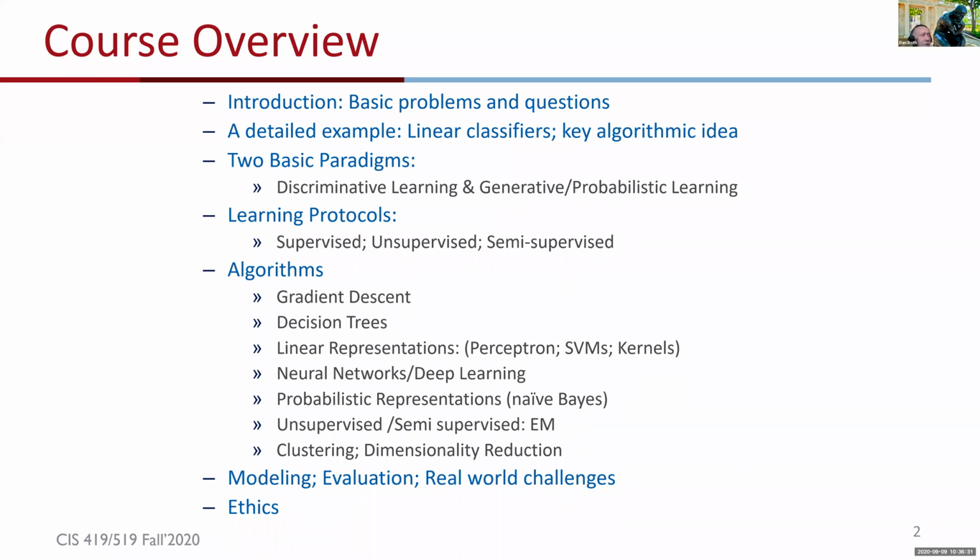So this is just a brief course overview. We discussed this last time. We're going to talk about it a lot as we go. We're going to start today with some introduction to basic problems and questions. And hopefully we'll also start with the detailed examples that will give us some of the key algorithmic ideas we'll see later in the semester.